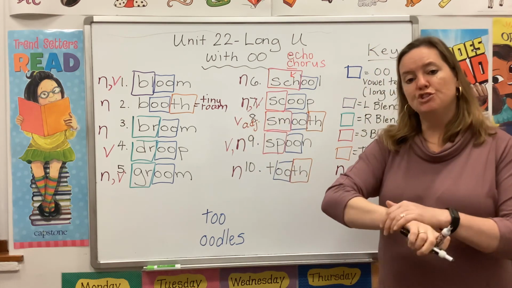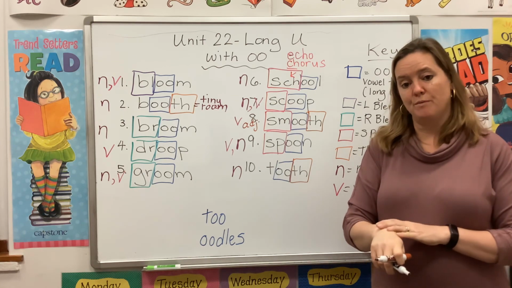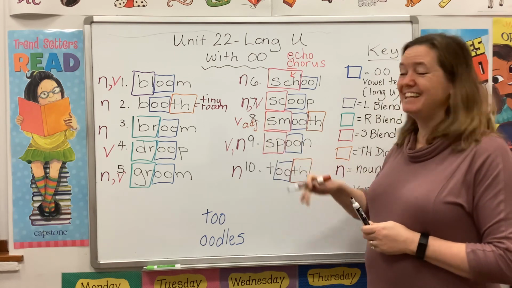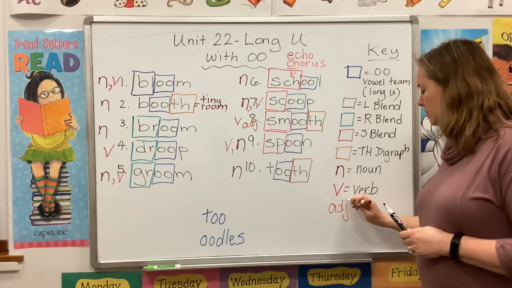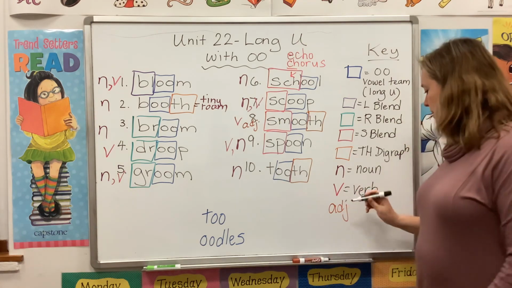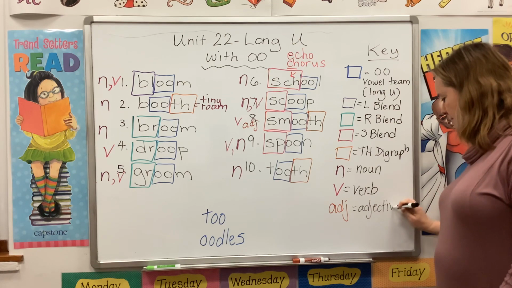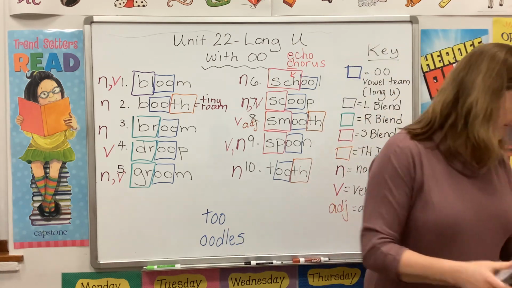When you put lotion on your hands, that makes your skin smooth, right? It's the opposite of rough or bumpy. So I think smooth is actually our only adjective this week. Okay, so that's all our vocabulary.